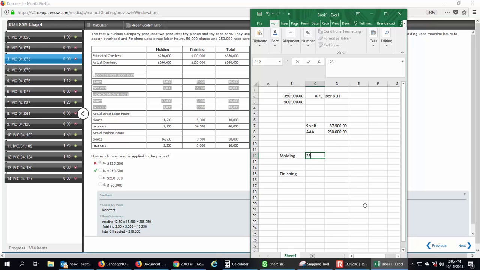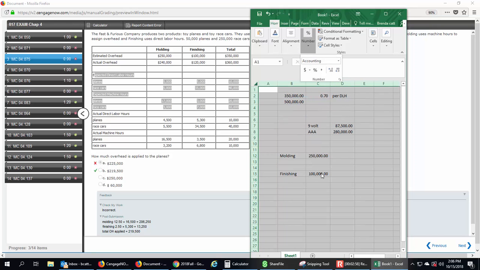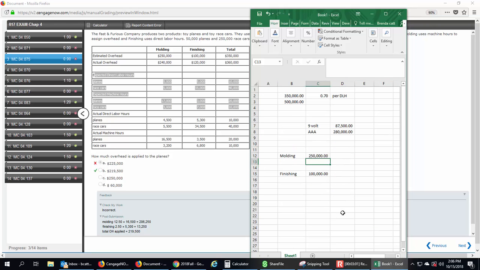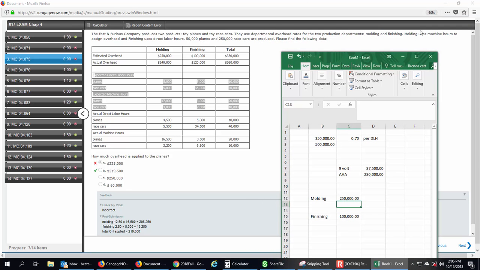Our molding is 250,000 in overhead. Finishing is 100,000 in overhead. Let's see. Molding is by what? Molding uses machine hours.